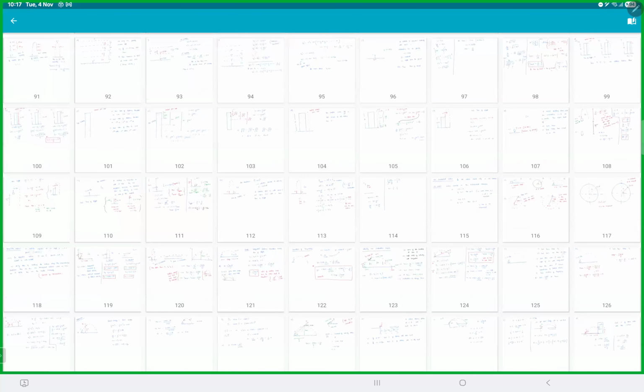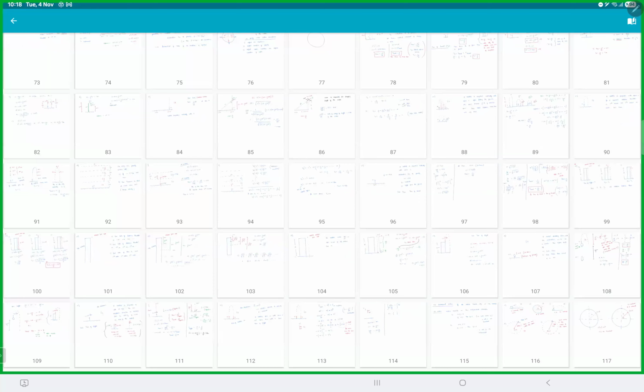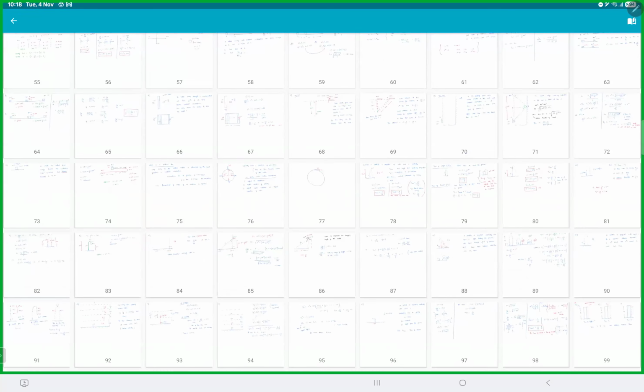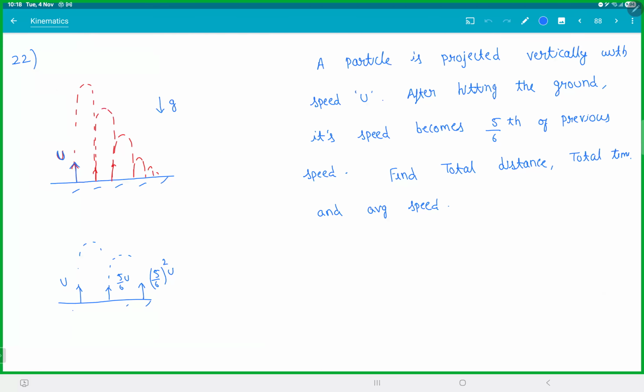Where do we do this? Here, this question. The particle is projected vertically, and after hitting the ground the speed becomes 5 by 6. So basically, I'm giving you e is equal to 5 by 6 indirectly.